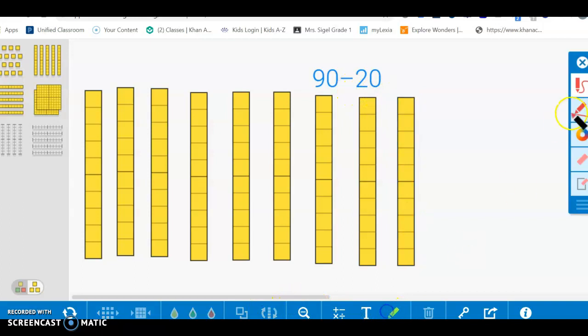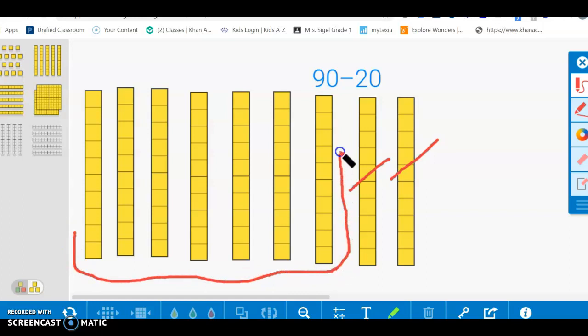So I'm going to cross off my 2 tens. I know that 2 tens is the same as 20. So I can say 10, 20. Oh, I have a lot more left than I have been having, huh? All right, so I have all of these tens left. I'm going to have to count them, and always just count to be sure, okay?